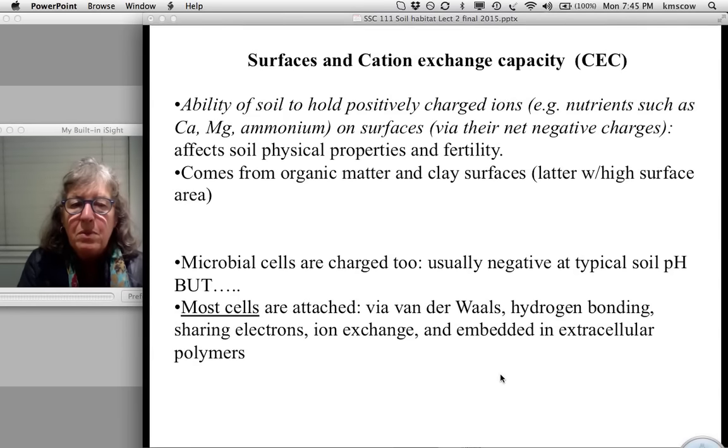But probably most important, like we talked about in class today, extracellular polymers, this glue that they release, that's very important in sticking microorganisms to soil.